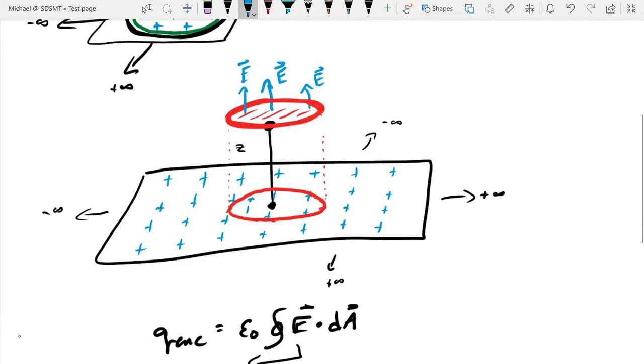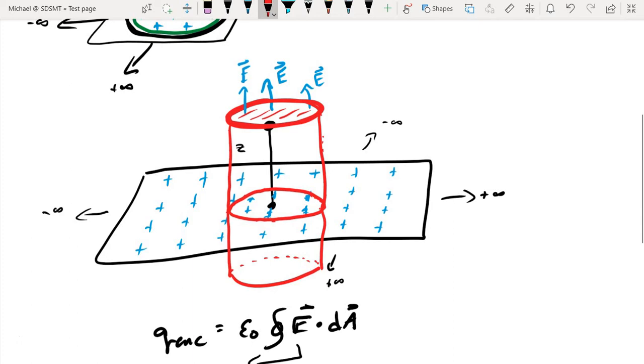I would effectively be sampling just this much charge. And then if I make those lines solid, and maybe even extend this a little bit below that infinitely charged sheet, well, I now have a container.